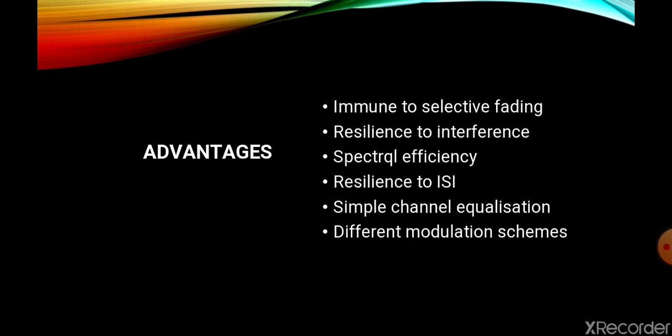In single carrier modulation, we had to go for a complex equalization technique, whereas here the high band signal is being split into narrow band signals, so the equalization process is made simpler. You can also use different modulation schemes depending on the channel characteristics, by studying the channel we can select one of the best modulation schemes available.